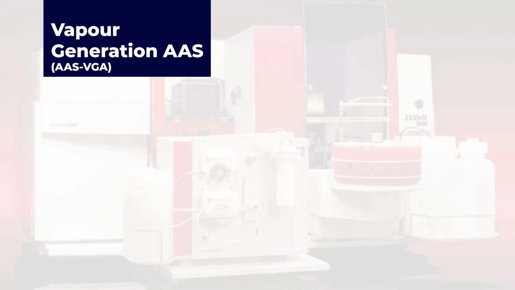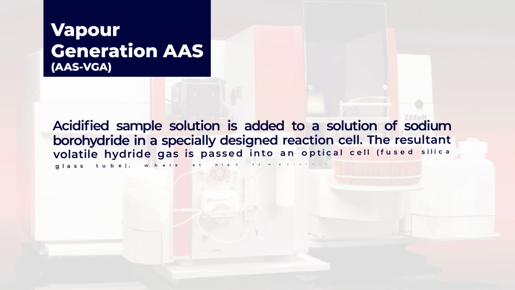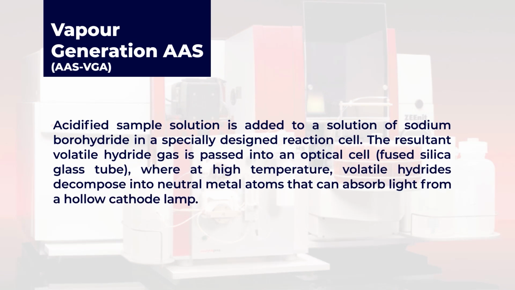So all of them are converted into hydrides. The resultant volatile hydride gas is then passed on to the optical cell, and all the further principle is the same. Basically, the elements which are volatile, which escape in the flame or cannot be done by graphite, are done by vapor generation, ASVGA, which is by formation first of the hydride and then of gaseous atoms.